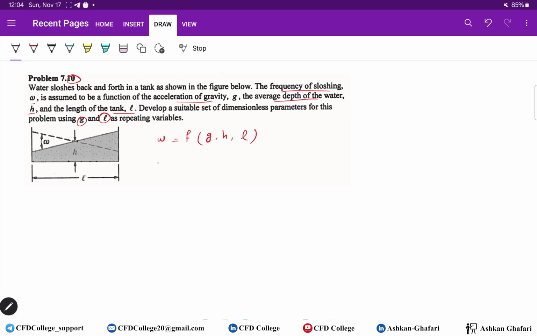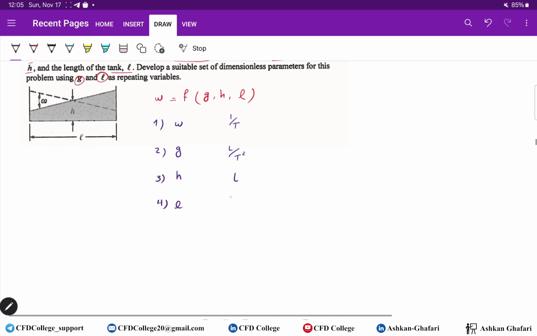Okay, so the first step, making the list. We have four quantities: omega, gravity, h, L. The unit for omega is 1 over t. Gravity is length over t square. h and L are length.